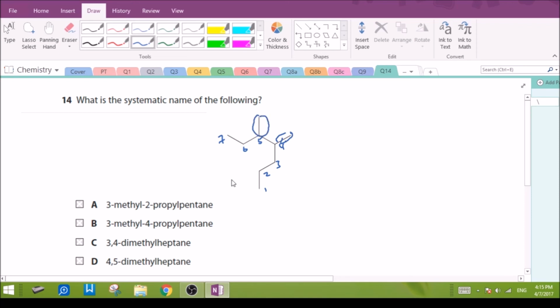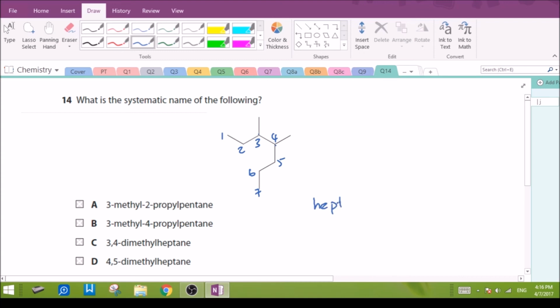Whereas if we were to number it from the other end, 6, 7, our branches are now at number 3 and number 4, right? So we always go for the one that allows us to have smaller numbers. So the longest chain is 7.